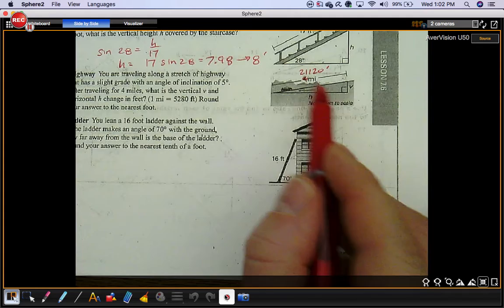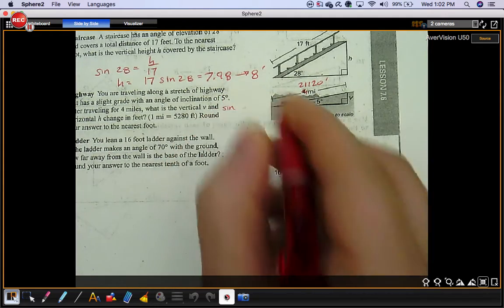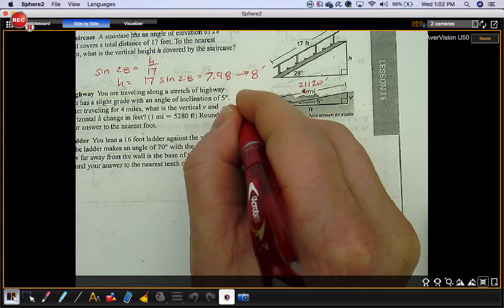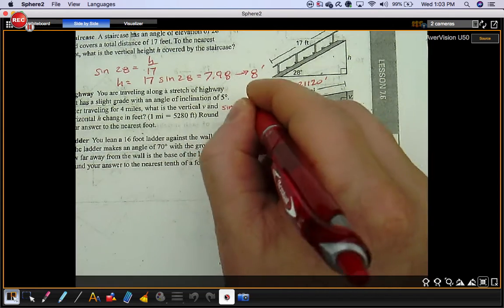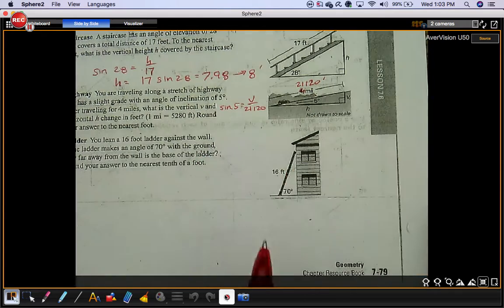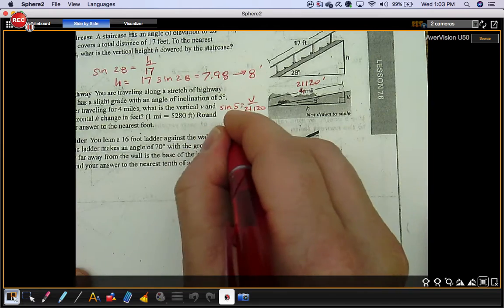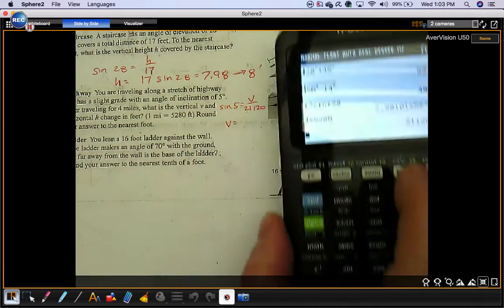So we have a hypotenuse and we want to find each leg. So we're going to use the sine of our 5-degree angle. Sine of 5 is opposite over hypotenuse, so it'll be V over 21,120. You want to get V, so you're going to multiply sine of 5 by 21,120.